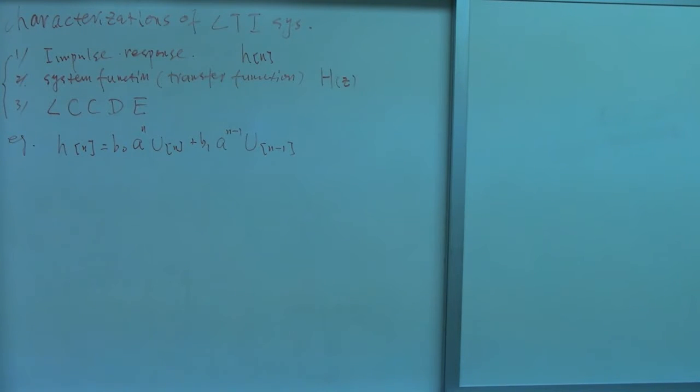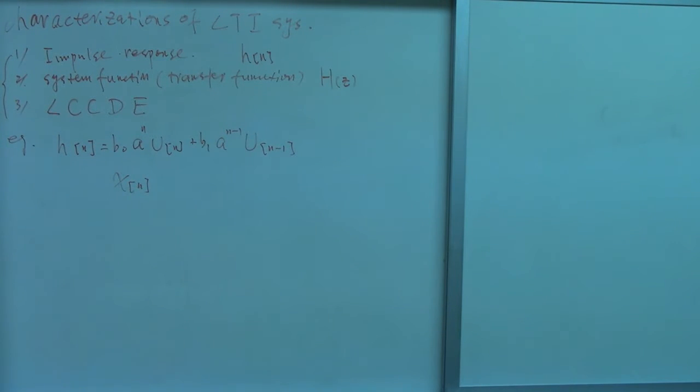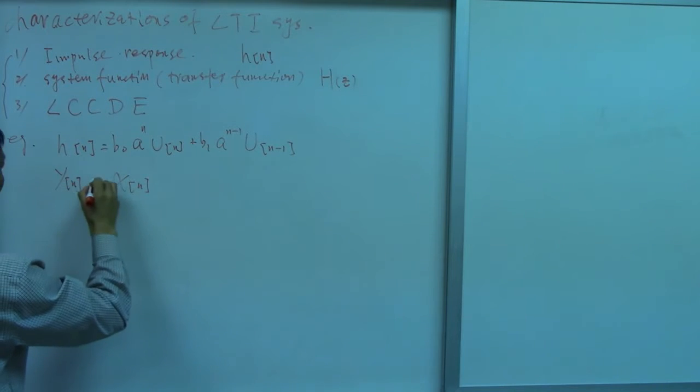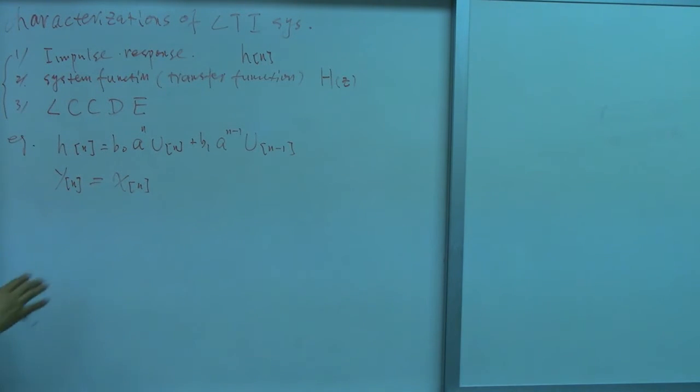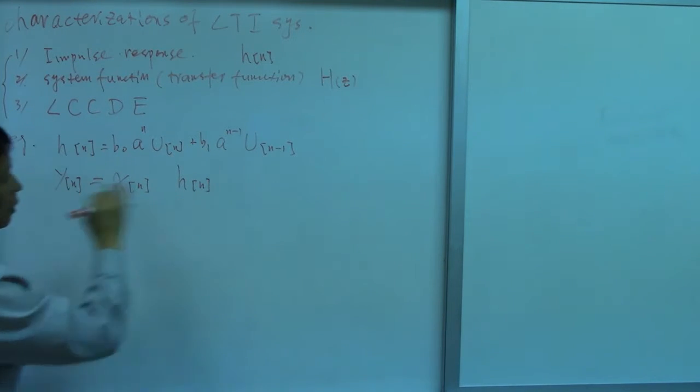Then, how to calculate the output for a signal? For example, if the signal equals x[n], just an arbitrary input signal, how to calculate the output of the system? We mentioned this in previous chapters and we know how to do that. So the output, which is a function of time, y[n], is related to x[n] and the impulse response by an operation.